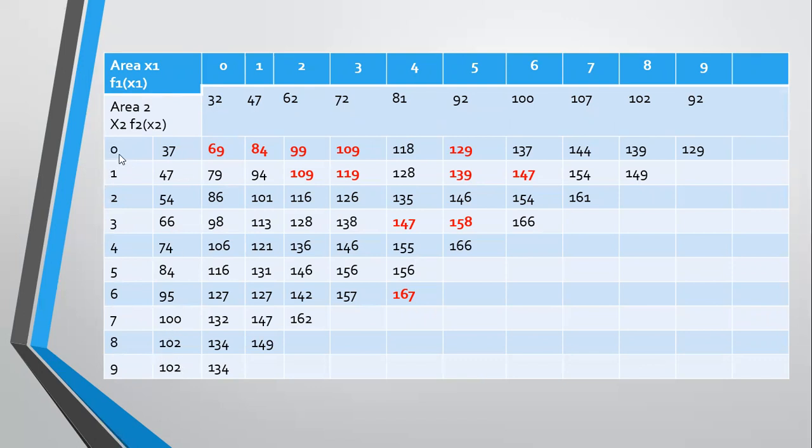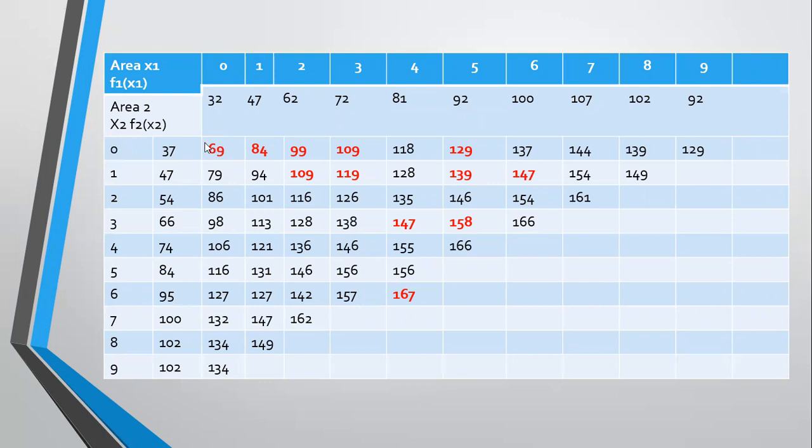Now start from the corresponding row 0. 0 represents no availability of sales representatives. From area 2, 0 represents the same meaning as from area 1. So what is the individual profit cost? 37,000 and 32,000. Add these two numbers and find the total profit cost. So 69,000.